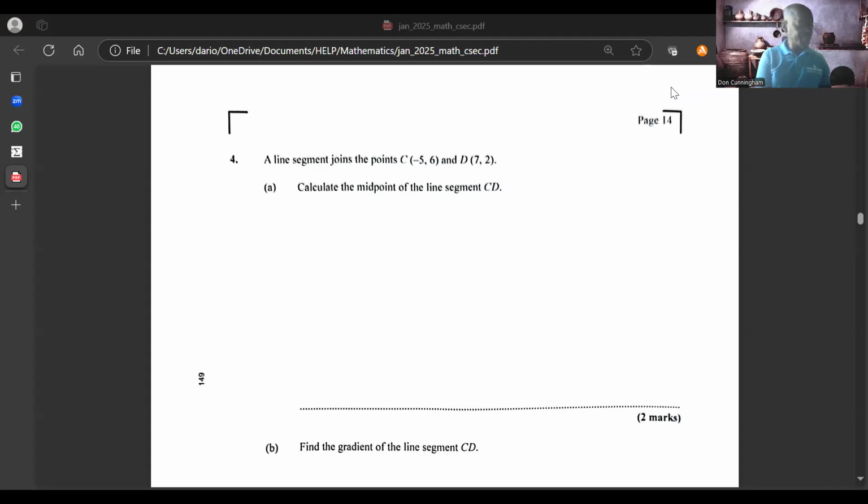Calculate the midpoint of the line segment. So the first thing you have to remember is how to find the midpoint. Anybody could check back in their notes. Let me know how to find the midpoint, please.